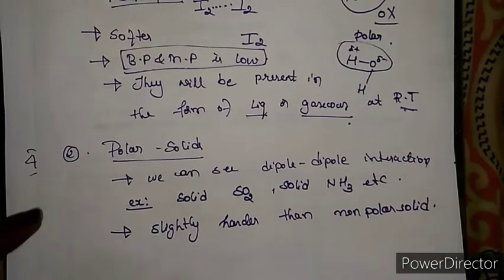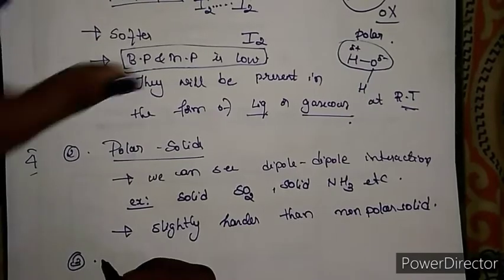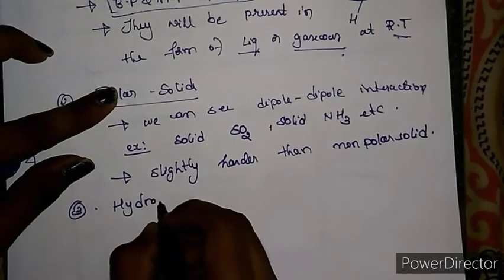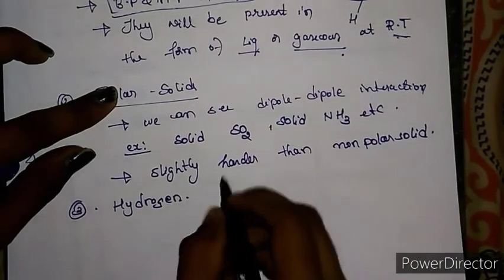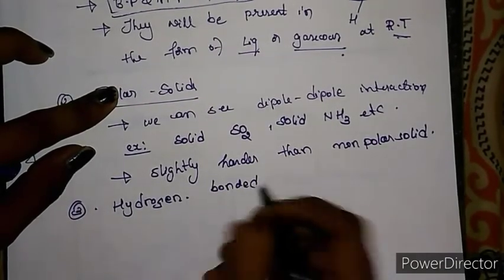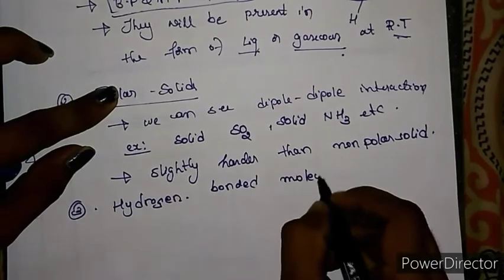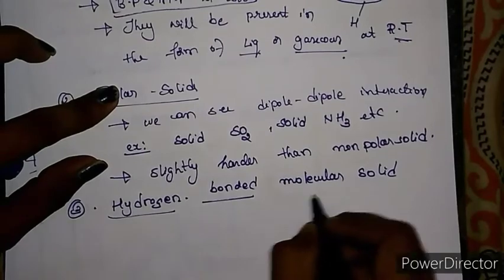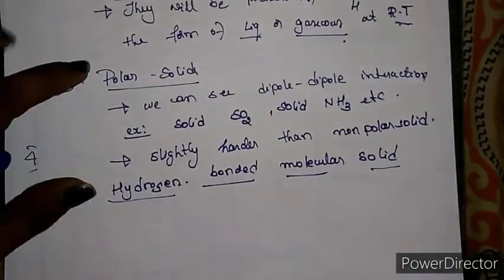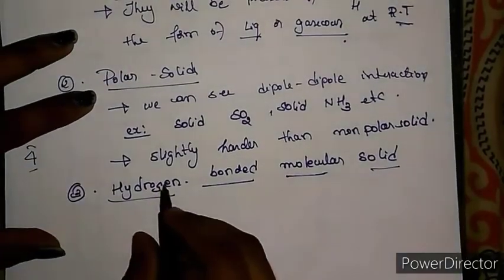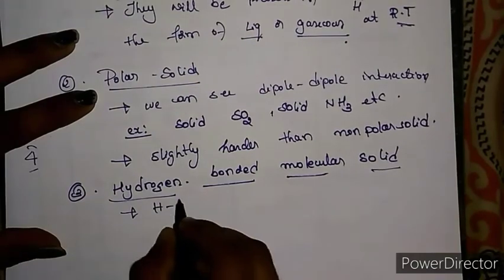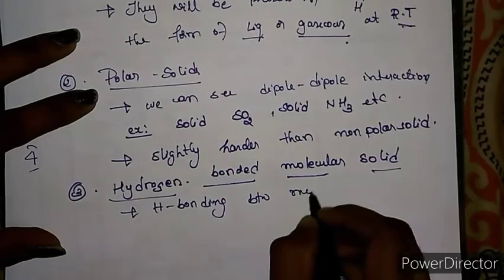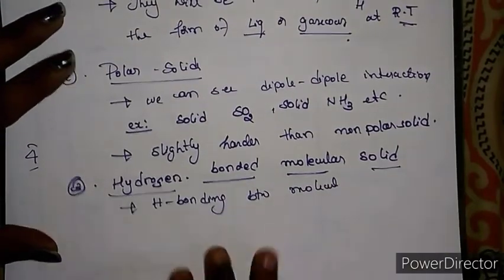The third one we have is the hydrogen bonded molecular solid. This is the third and the last type under the molecular solid. Here you can see hydrogen bonding between the molecules, as I previously explained in the case of water.